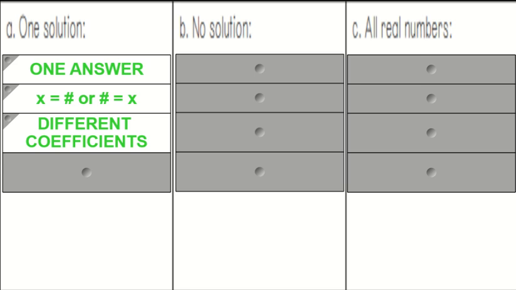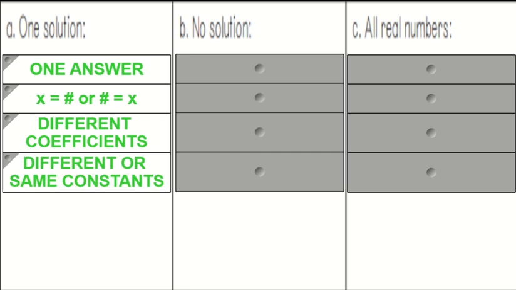Once you've distributed and combined like terms, if they've got different coefficients on the left and the right side, that's going to be a one solution problem. The constants can be different or the same. Doesn't really matter what the constant is, but the coefficients is what matters for one solution. So if you have different coefficients, you're going to be able to get an answer.